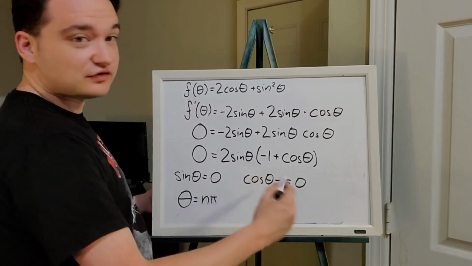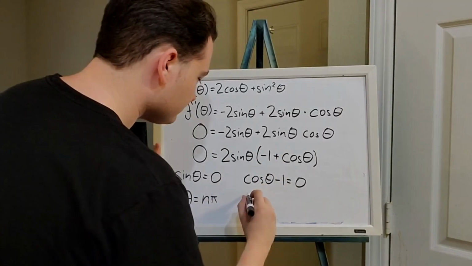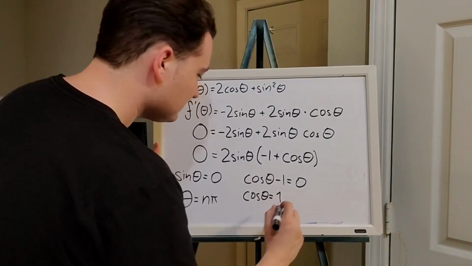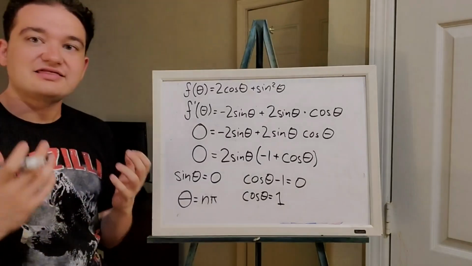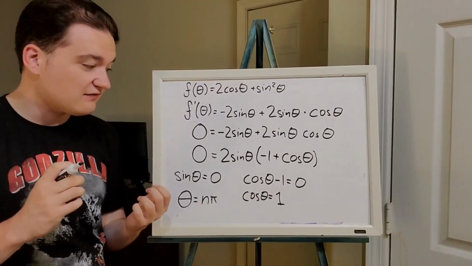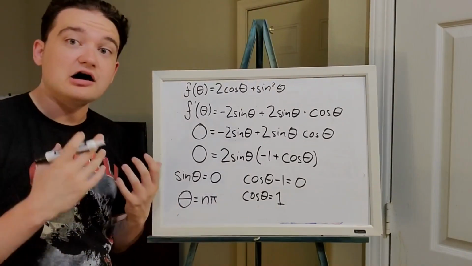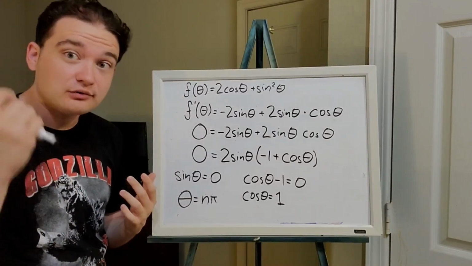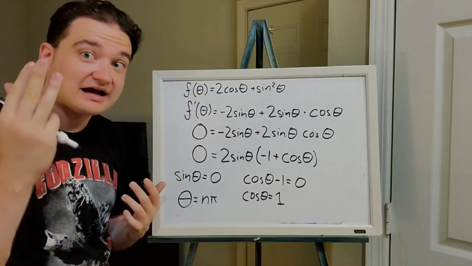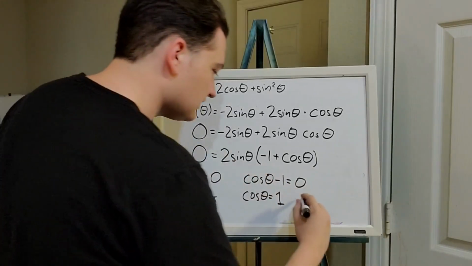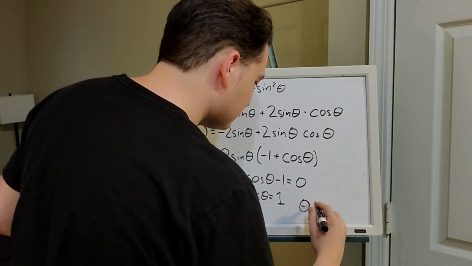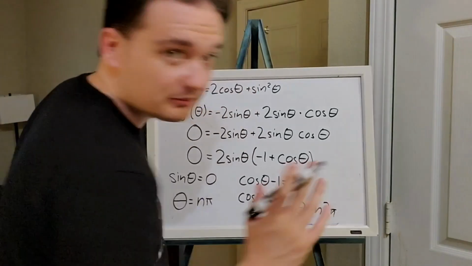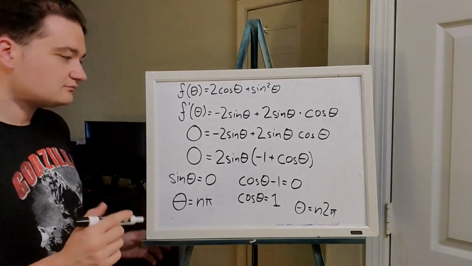Now, for this one, we're going to solve cosine theta equals 1, and what theta values give us a cosine of 1? Well, we know that from the unit circle too. 0, 2 pi, 4 pi, 6 pi. Theta equals n times 2 pi. Just multiples of 2 pi, right?